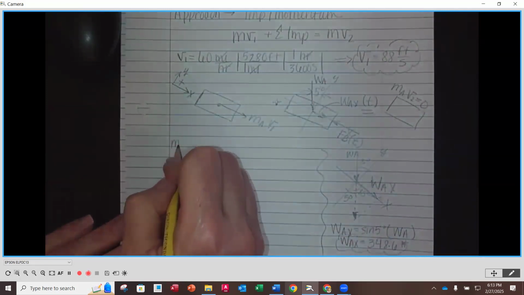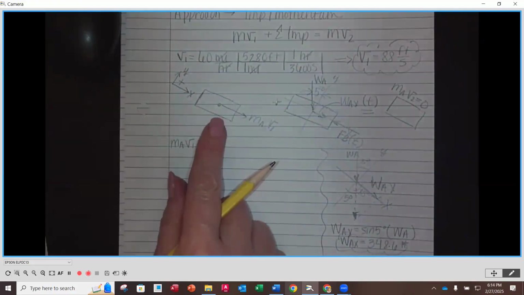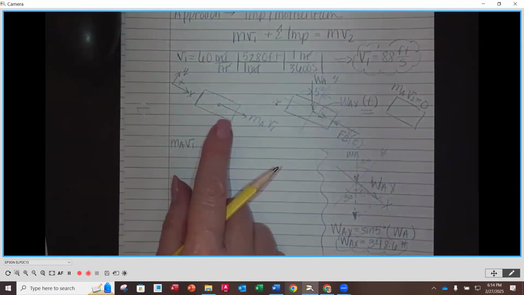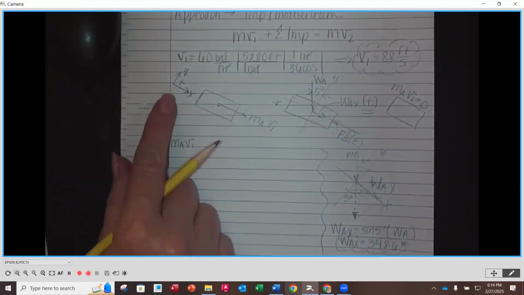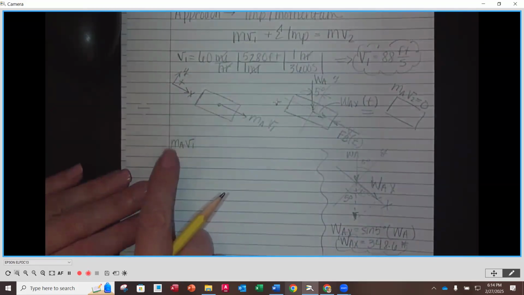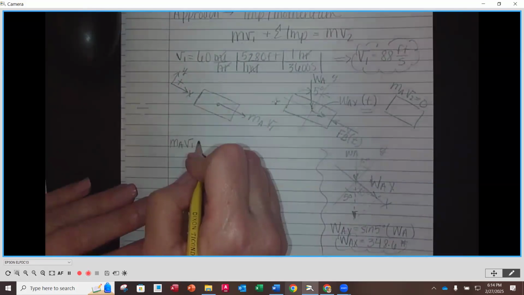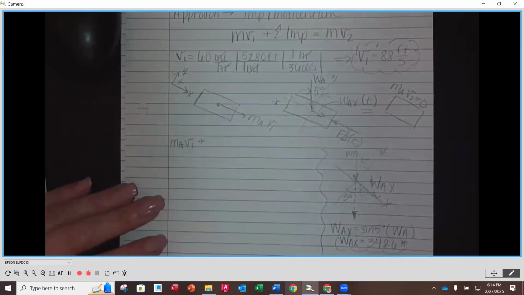So this is going to be mass of the automobile times velocity 1. Now, as I said earlier, remember that momentum and impulse are vector quantities, so their positives and negatives come from the direction of the convention. This is going in the direction of positive X, so this is a positive value, positive assumed as the first value there.